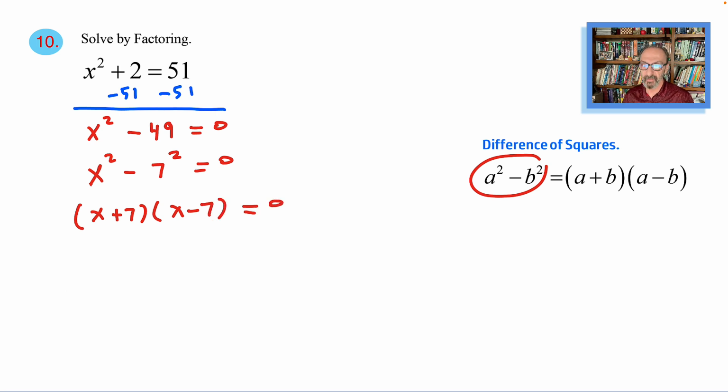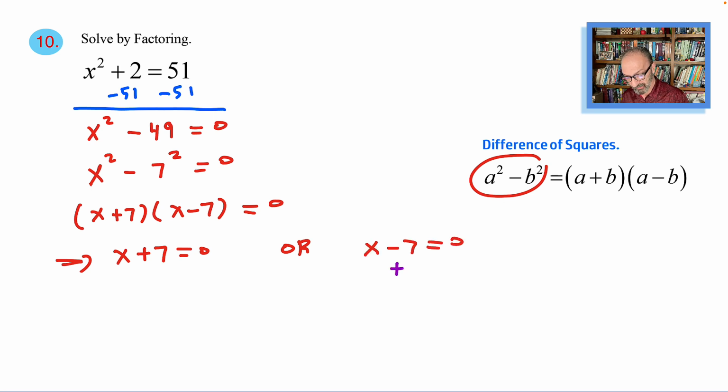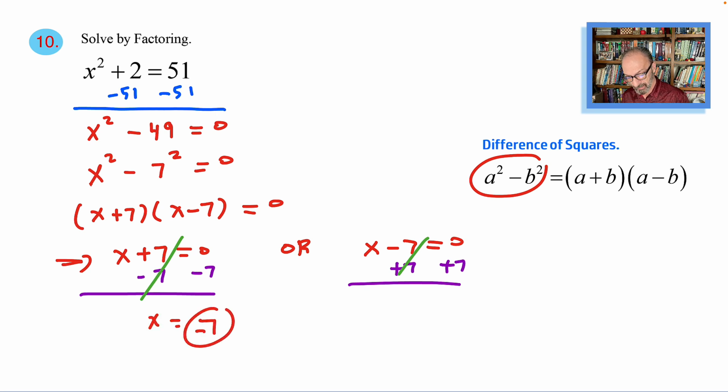Using the principle of zero products, x plus 7 equals 0, or x minus 7 equals 0. Add 7 to both sides in this case and subtract 7 from both sides on the left. That will cancel, and that will cancel. I will have x equals negative 7, and x equals 7, and that should do it.